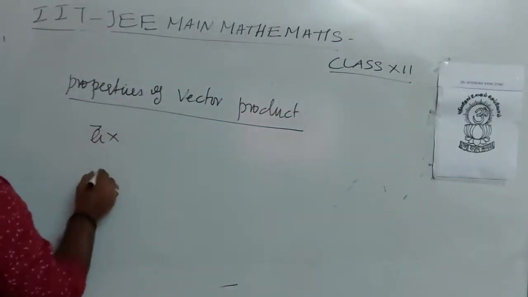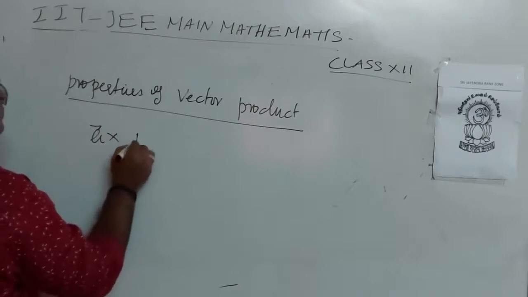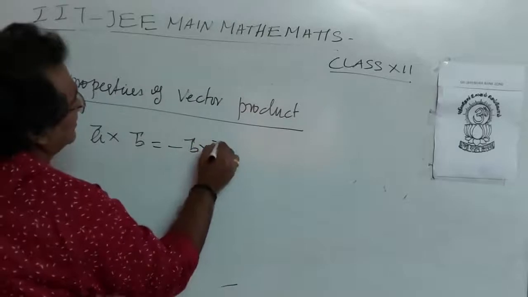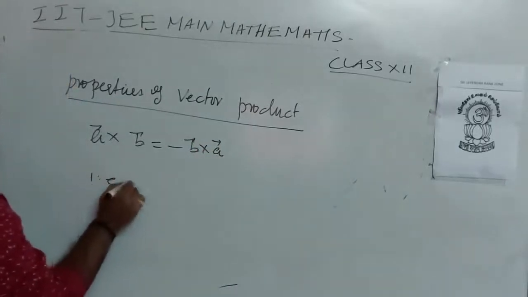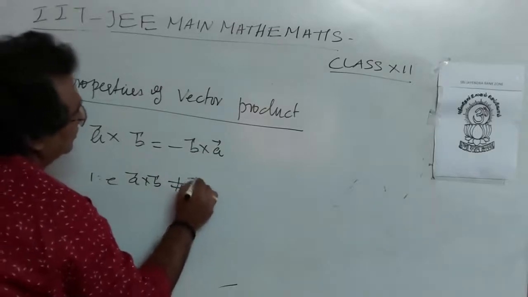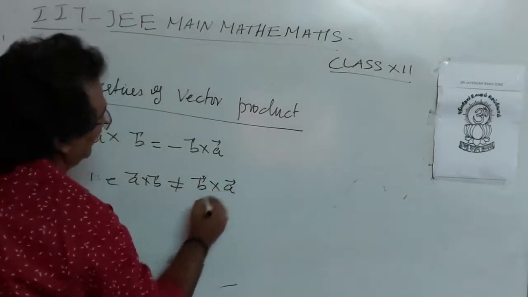A vector cross B vector equal to minus of B vector cross A vector, that is A vector cross B vector not equal to B vector cross A vector.